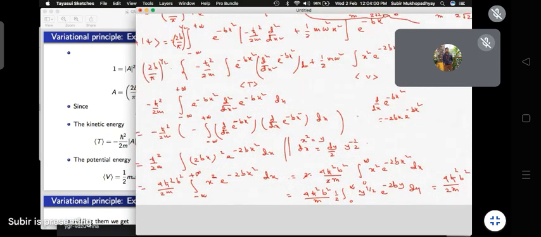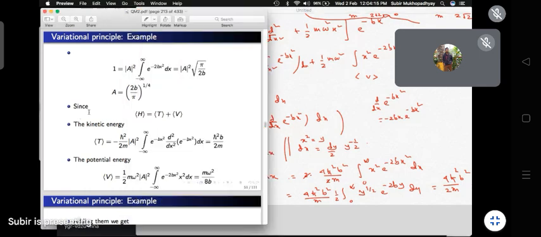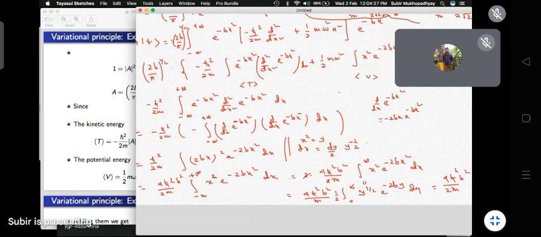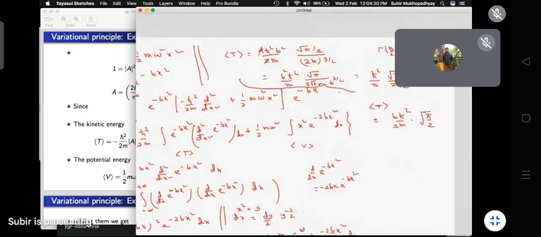We got 2bx, 2bx, and then x square. So we get x square. Then we'll have a root pi. Okay. Anyway, let's move on.